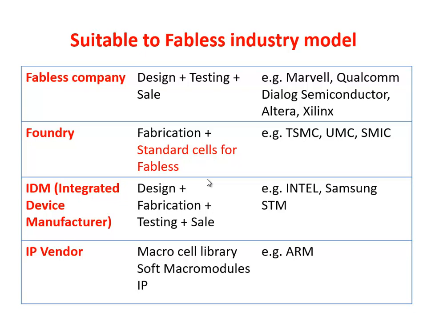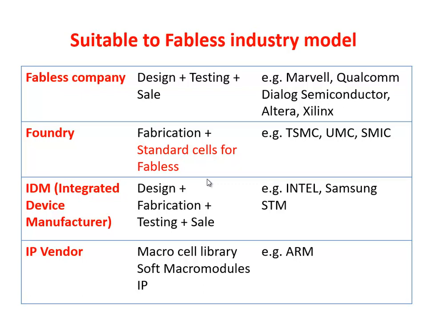And let's look at the different actors that one can have, because many more actors can come into place, and they are quite common in the most recent years. So one actor is the fabless company, as I mentioned before. The fabless company does the design, then sends everything to the foundry, gets back the chips, typically tests them inside the company, and then sells them.